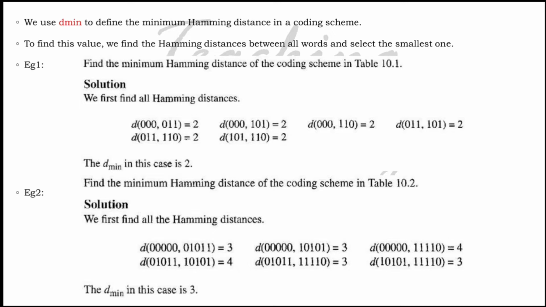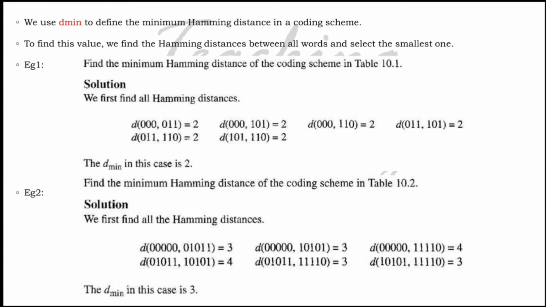We have two examples to discuss more on this. Find the minimum Hamming distance of the coding scheme. The table is here. The solution is already provided, so we first find the Hamming distances. d(000, 001) equals 2. We XOR these two code words, and we get 2 ones.